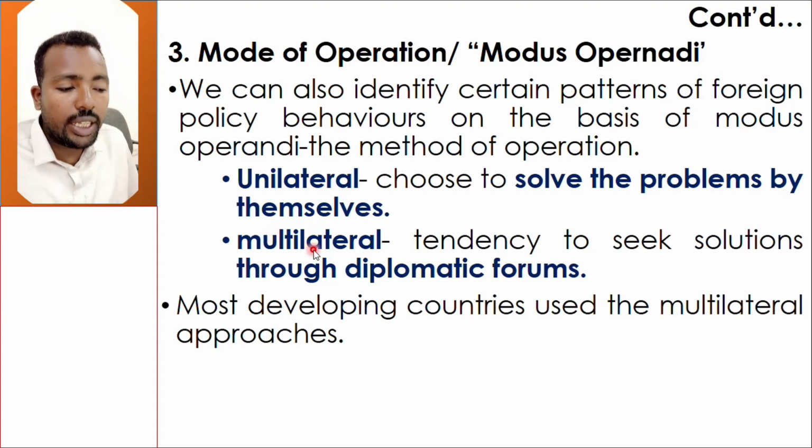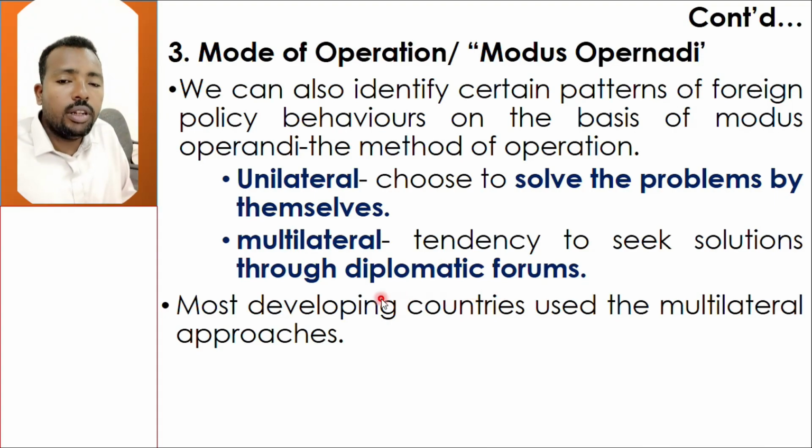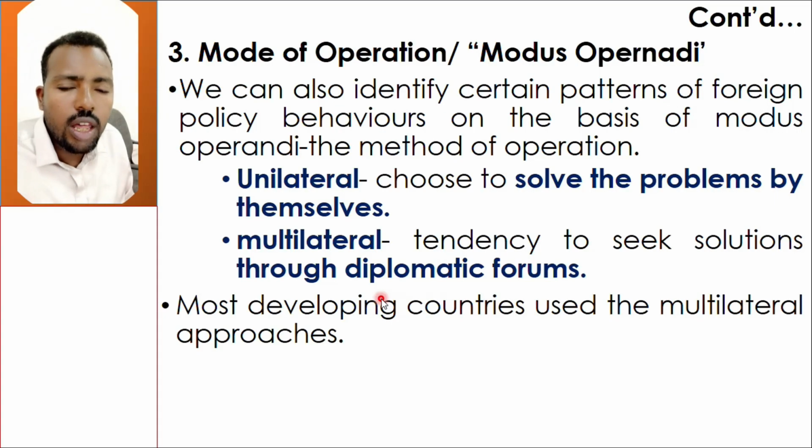The second one is multilateral. That means a tendency to seek solutions through diplomatic forums like the United Nations, like International Monetary Fund, and other international organizational approaches. So this is the way, for example, currently in 2022, there was a meeting that was organized by the United Nations on the climate change in Egypt.